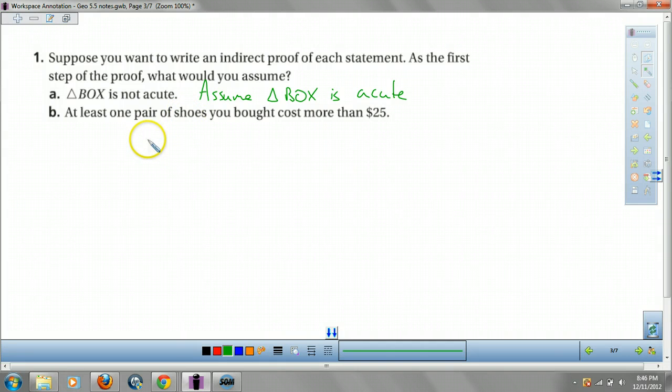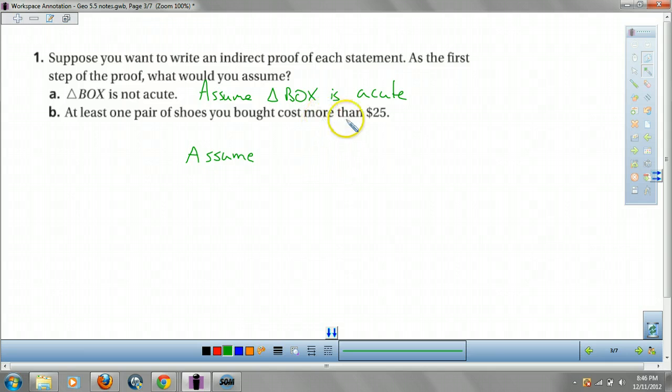Here we go. At least one pair of shoes you bought costs more than $25. What's the opposite of that? Now this one's kind of tricky.